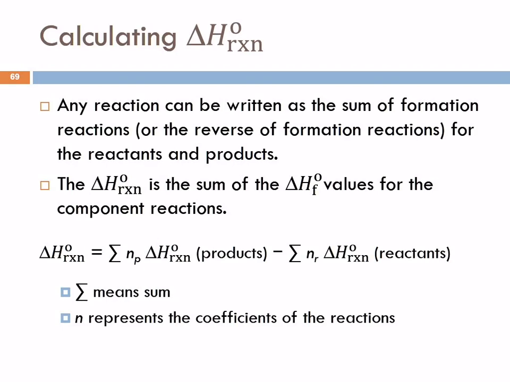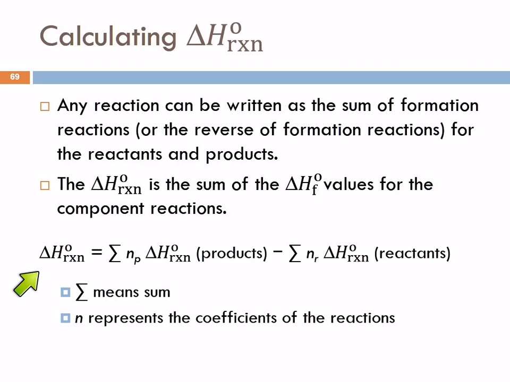And another reactant that's a compound, we can make that from its elements, we know what the change in enthalpy is. And then the product. And so the reactants are going to have the negative of their heat of formation, and the product is going to have the same sign as the heat of formation. So the overall standard heat of reaction is the sum of the heats of formation for each of the components.